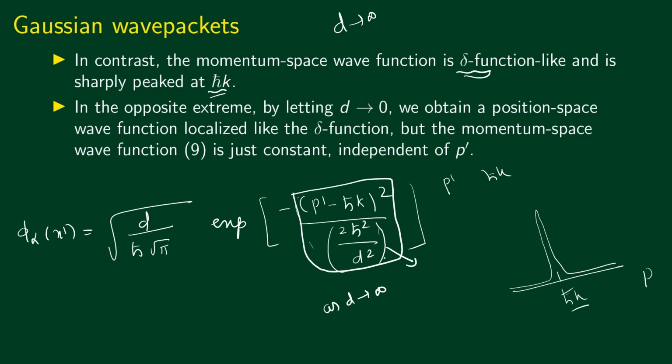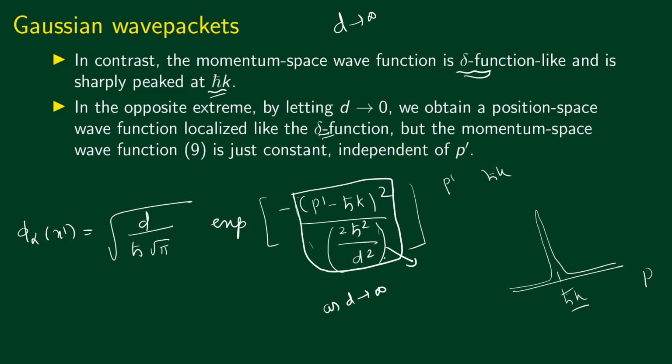Now, in the opposite extreme, we can also talk about d tends to 0. You can analyze these conditions as we analyzed the momentum wave function here. There we'll see that we obtain a position space wave function which is localized like the delta function, but the momentum space wave function is just a constant independent of p prime.